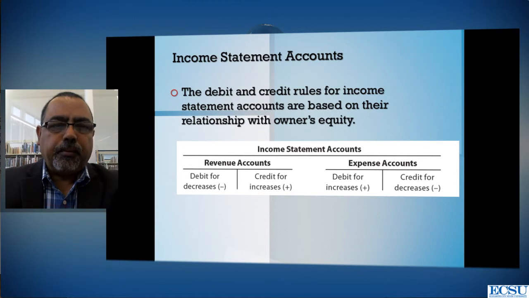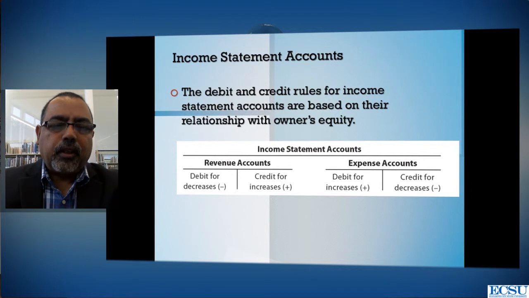For income statement accounts, the debit and credit rules are based on the relationship with the owner's equity. Now, as we talked about, revenues will increase the owner's equity. So that is why, if I want to increase my owner's equity, it should be credited. We learned that in the previous slide.